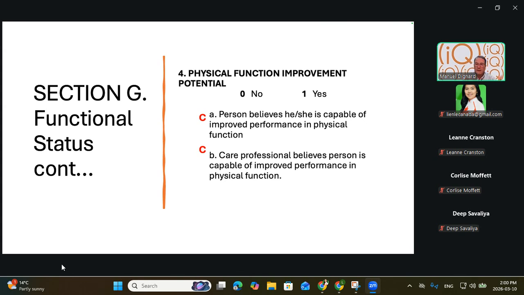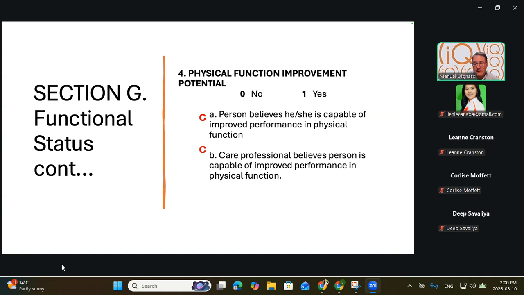So if we look at the first question, G4A, the person believes he or she is capable of improved performance in physical function. So we start by asking the resident themselves: do you think that you can do better physically with some support, with some practice, with some therapy, with some time?